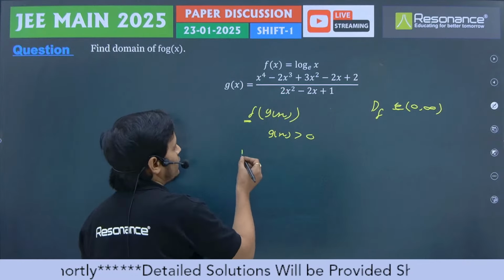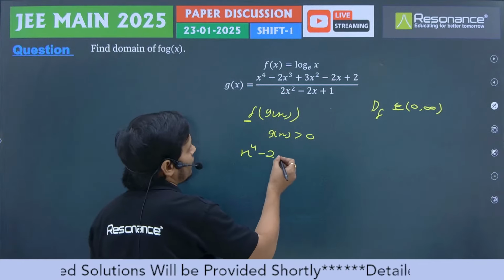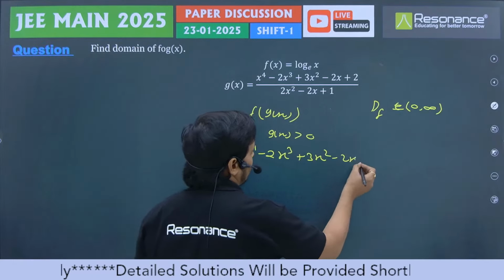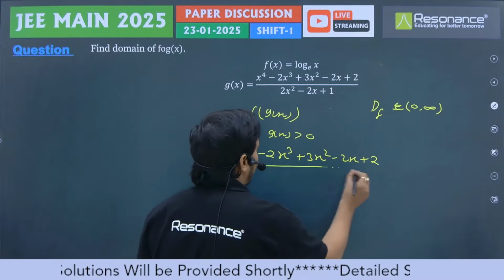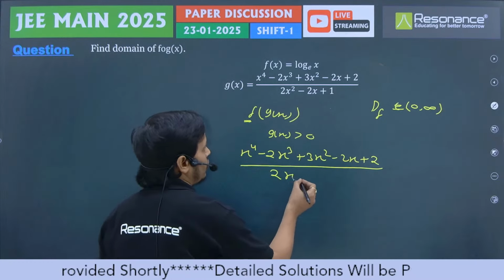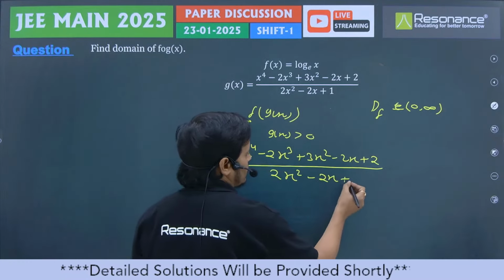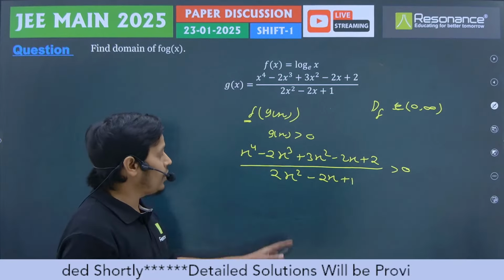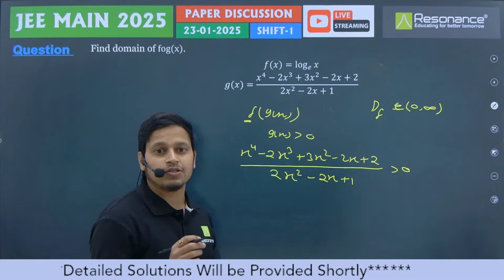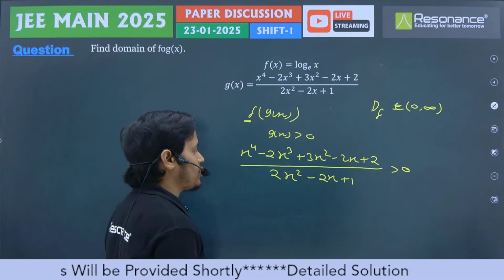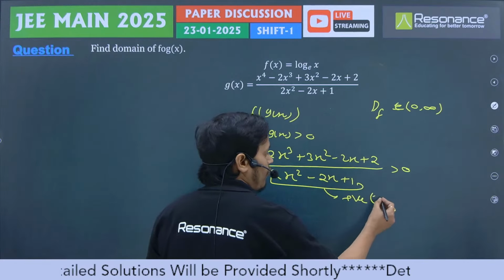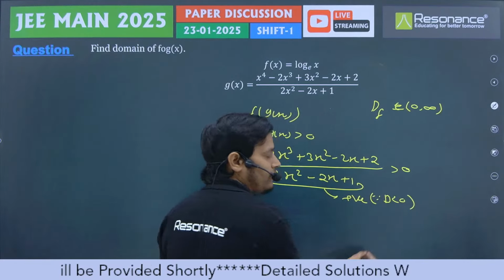g(x) is given as x power 4 minus 2x cube plus 3x square minus 2x plus 2, and in the denominator 2x square minus 2x plus 1, greater than 0. Now in the denominator, 2x square minus 2x plus 1 is always positive. Why? Because D is less than 0.